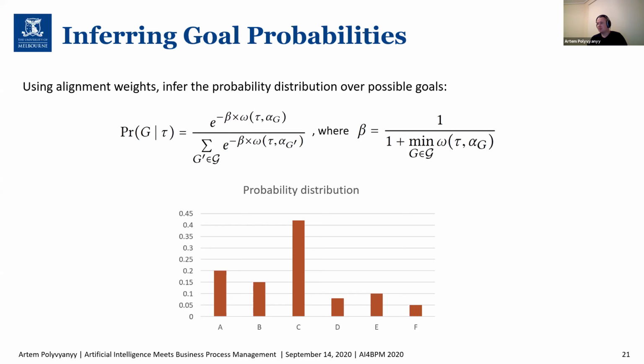It can also be interpreted as a trust over the learned models that we constructed from the data. So we obtain this probability distribution, and then goal C here is the winning goal. So we suggest that probably at that stage, 5 steps through the walk, the agent, my mouse keeps disappearing, is most likely walking towards goal C.